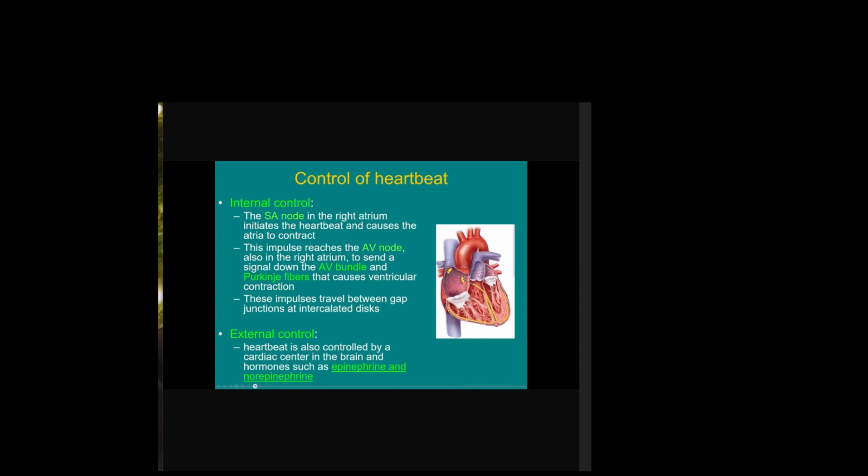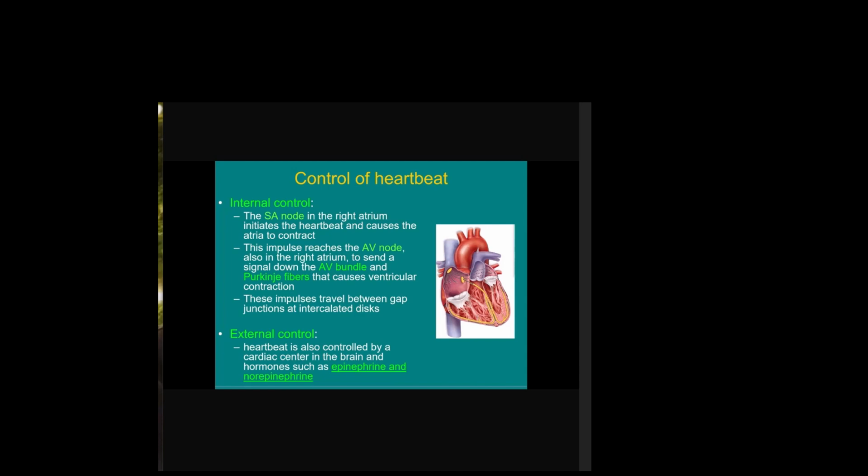So these cells here would produce an electrical signal that would go and stimulate the atrioventricular node, and then it itself will push out some other electrical signals which will be carried by the Purkinje fibers, and it would spread out to all the muscle tissue here. These electrical signals, called action potentials, will make the muscles contract all together at the same time.